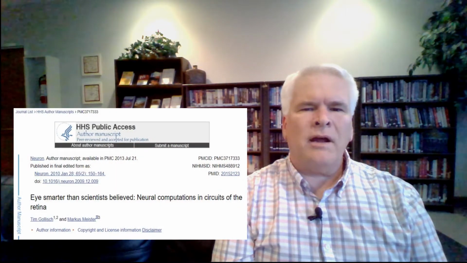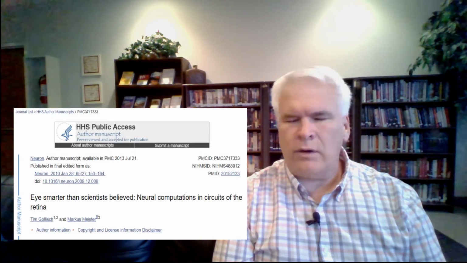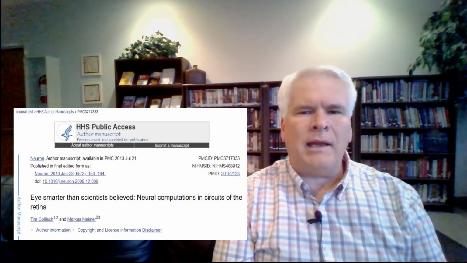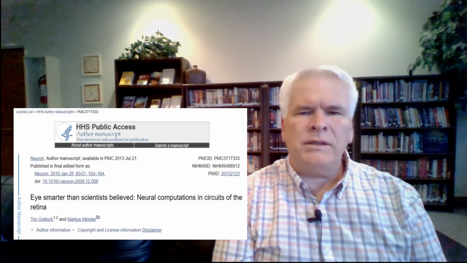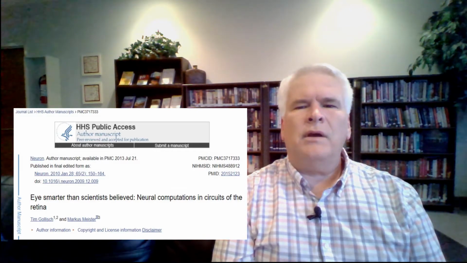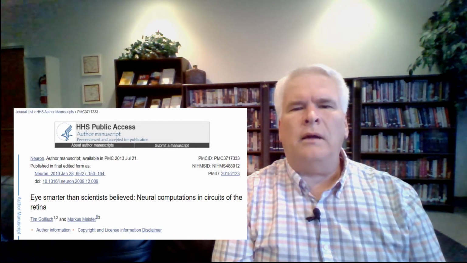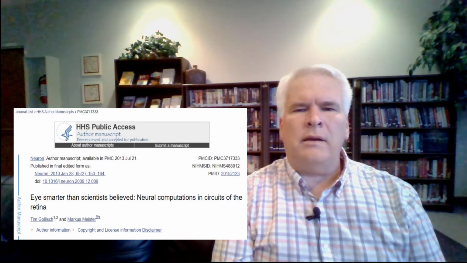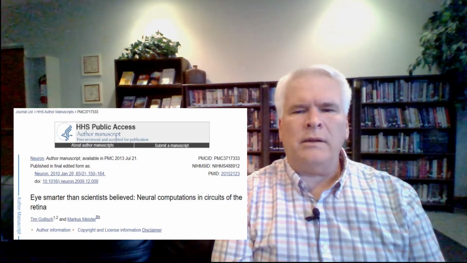But the eye is not merely a passive camera like we have on our cell phones. The eye is a visual processing system that doesn't just send images to the brain, but actually does visual tracking and sharpening of the picture right in the retina itself.